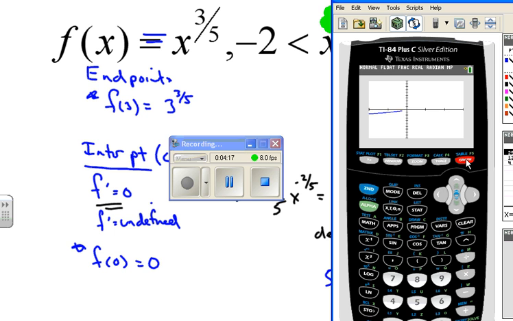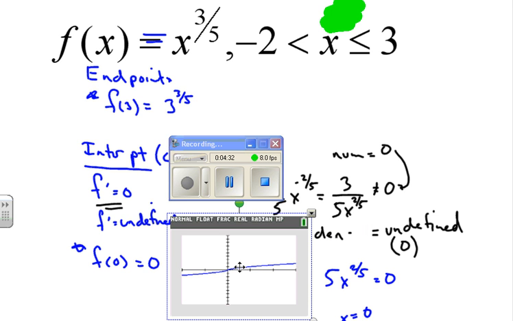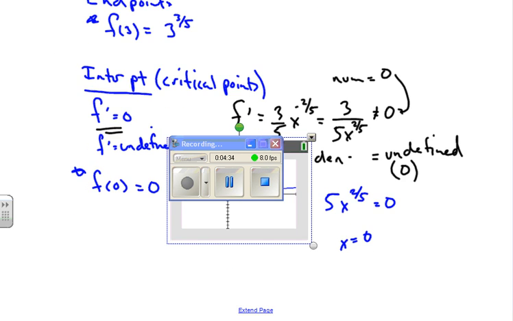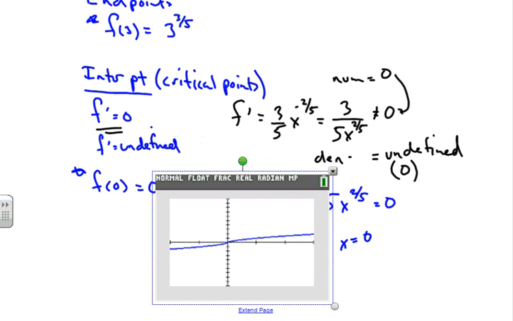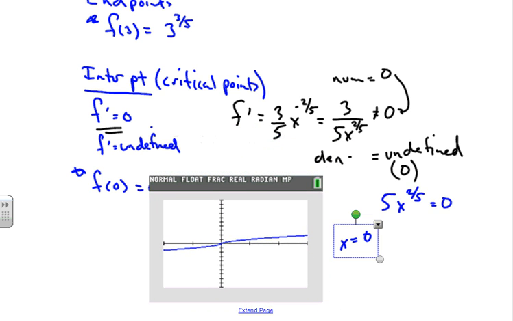From -2, there appears to be some sort of action going on right there. Let's look at this a little closer.